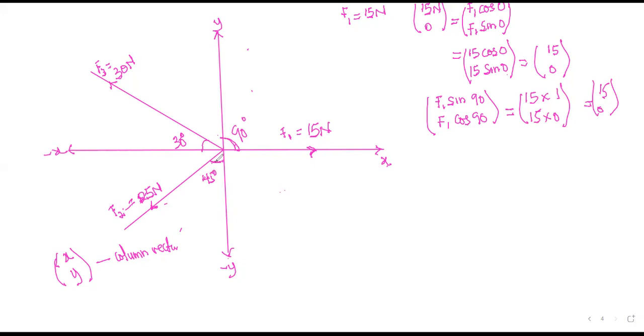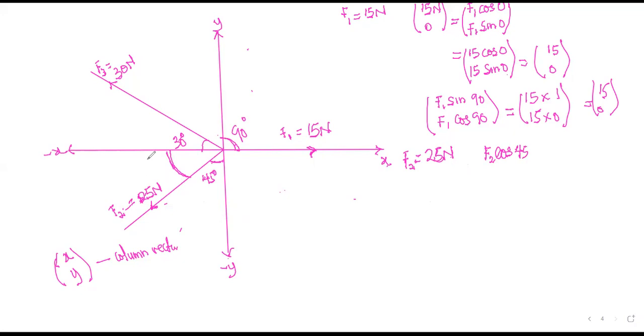Then pick F2. F2, the magnitude is 25 Newton. You can use the angle it makes with the x or the y. If you want to use the angle the vector makes with the x-axis, then you have F2 times cos of the angle 45.